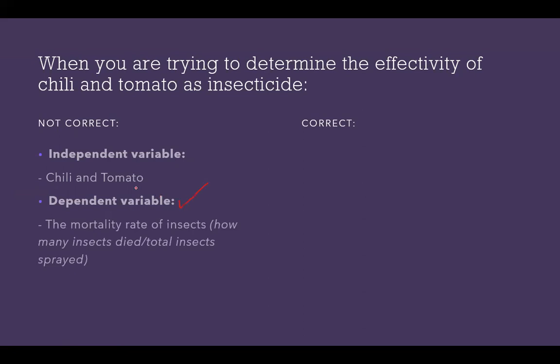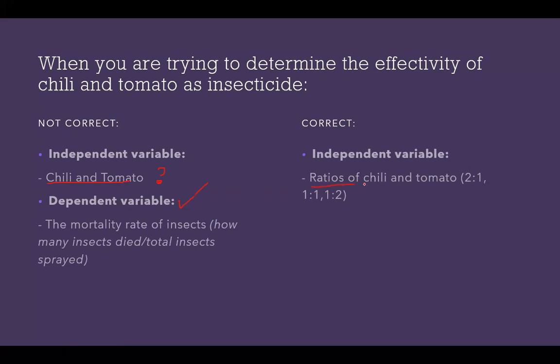But what do you mean by chili and tomato? Why do you think you wrote it that way? Supposedly it should be complete. I know in some of your studies, you differ in your ratio of chili and tomato. So, to be strict, the correct one is ratios of chili and tomato, since that is what you varied.